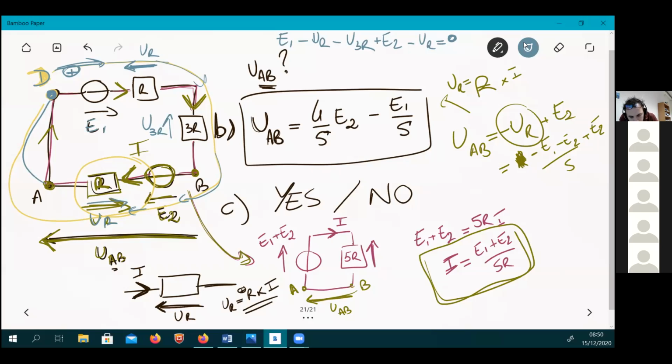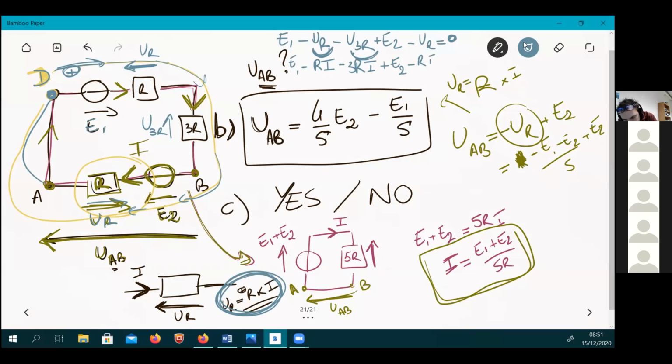And then the only thing you have to do is to substitute all the voltages here by R times I because of the receptor convention you use. But you keep, of course, the minus sign in front of it. And then again, you should find the same result.